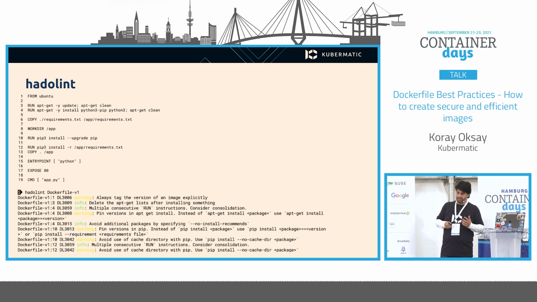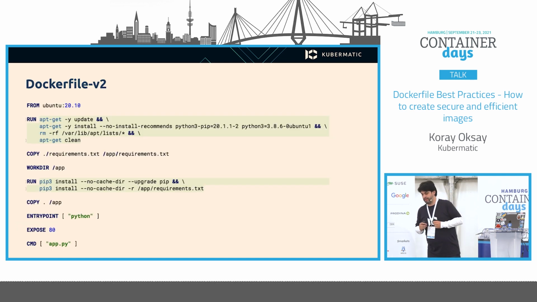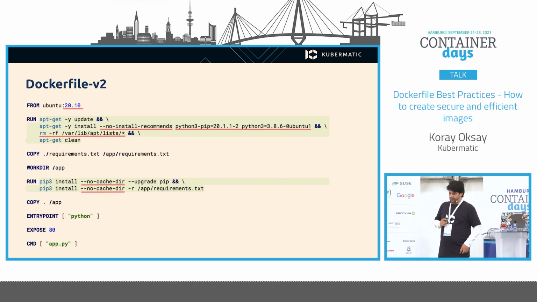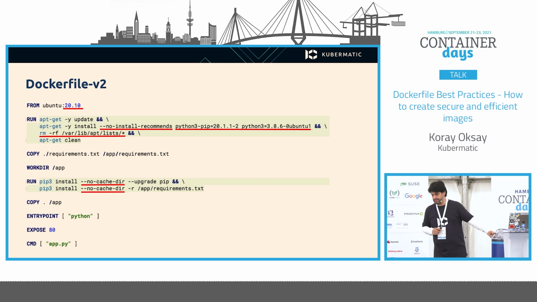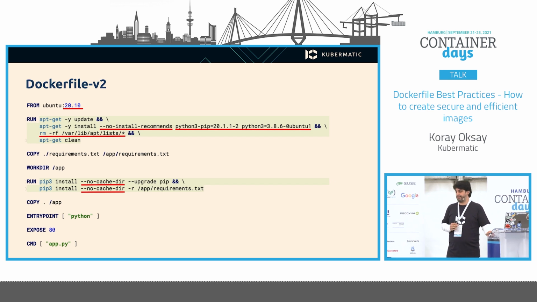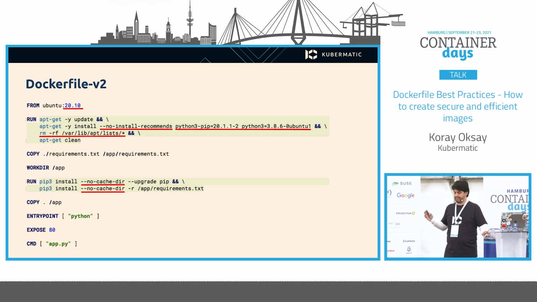So you need to use double ampersands to make sure that it's logical, and if one fails, then the whole build will fail. So I listened to Hadolint and used Ubuntu 20.10. I used no-install commands, pinned the package versions, used caches off. I combined the RUN statements, etc.